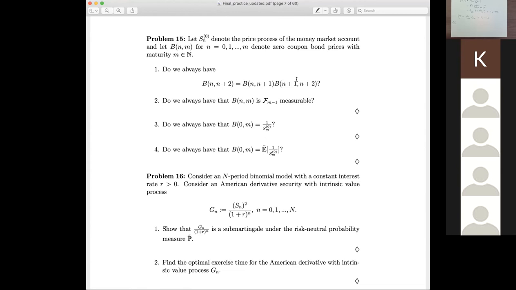Do we have that measurable at, in these specific cases? There are 4 questions here, and they aim at this issue we're addressing, namely that there's a difference between the money market account and the zero coupon bonds. For example, if you look at question number 3, do we just have that the zero coupon bond is the inverse of the bank account?